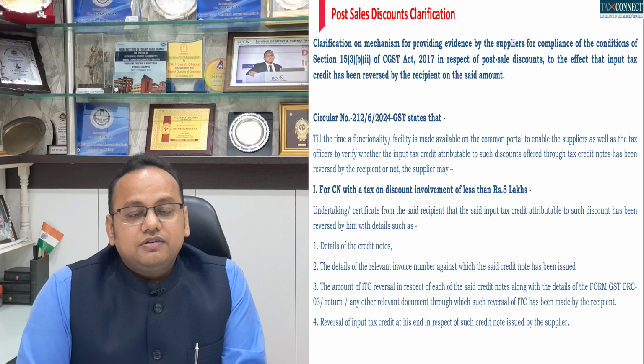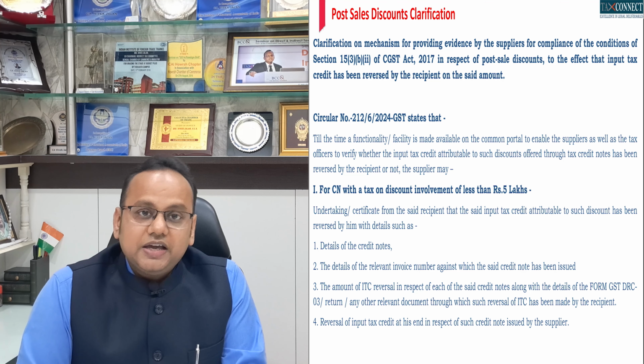This undertaking would be self-certified by the recipient of the credit note in case the total tax amount of the commercial credit notes for a financial year party wise is less than 5 lakh rupees. So, in case GST rate is say 5%, then for value of the credit notes of 1 crore rupees, where the tax amount will be 5 lakh rupees, an undertaking from the recipient is sufficient.